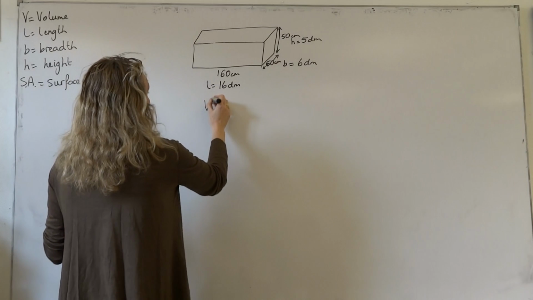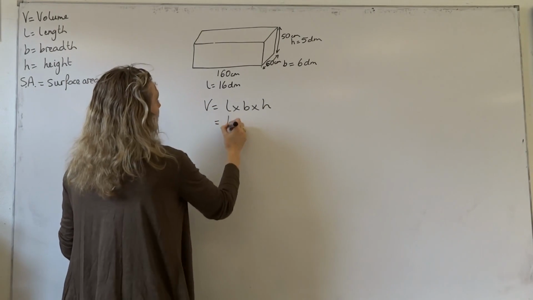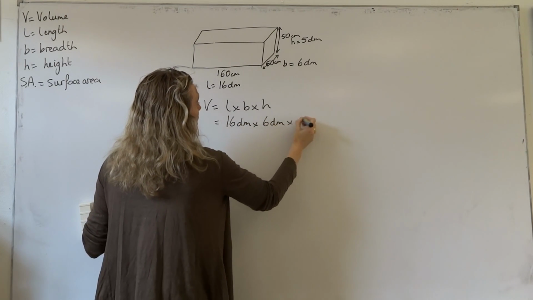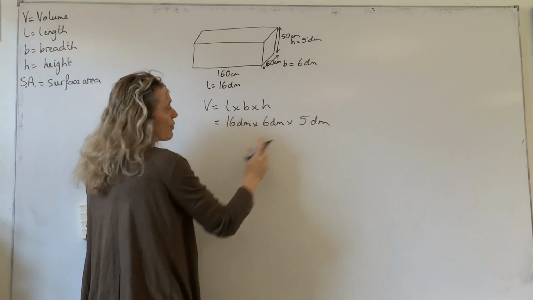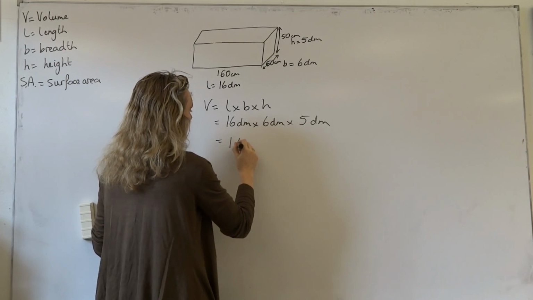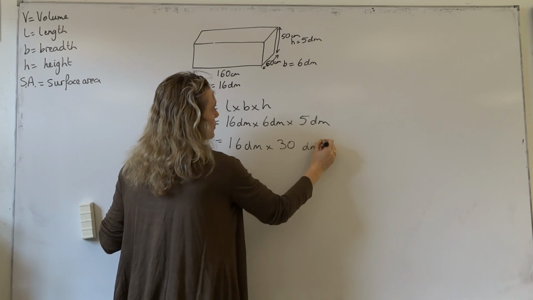Now we know that the volume is the length times the breadth times the height, which is 16 decimetres times 6 decimetres times 5 decimetres. Notice again, I keep my units all the way through. 6 fives are 30, so we get 16 decimetres times 30 decimetres squared.